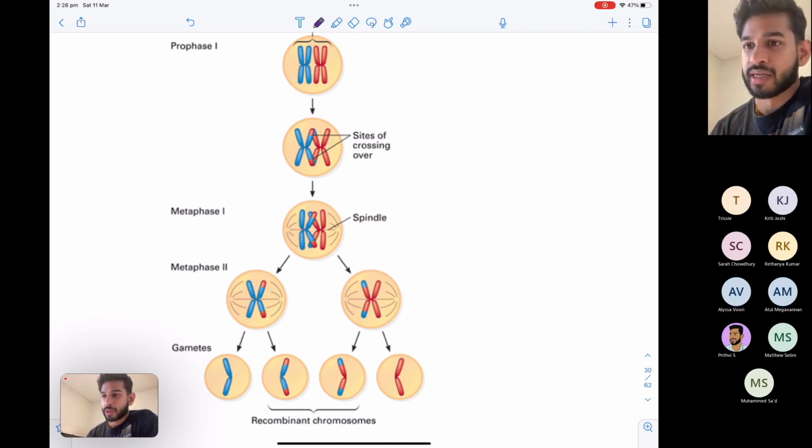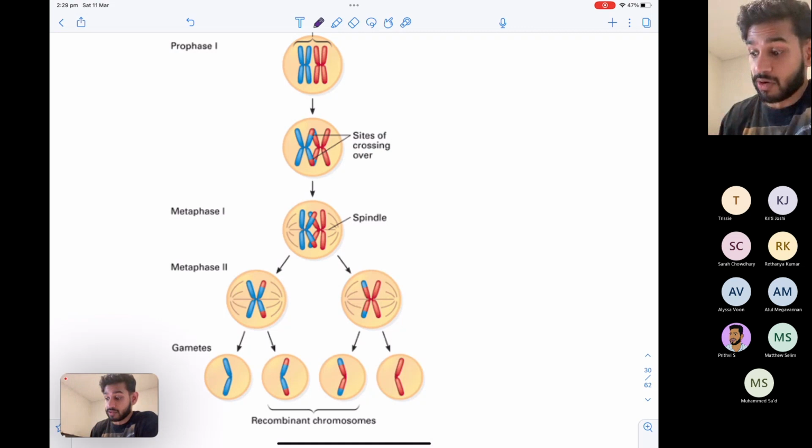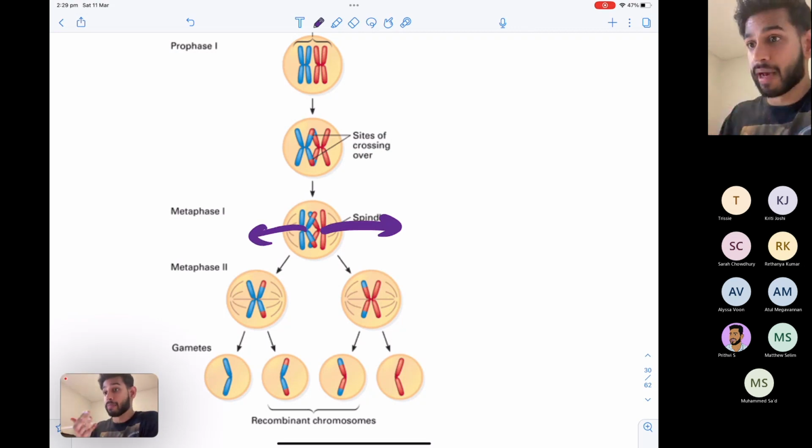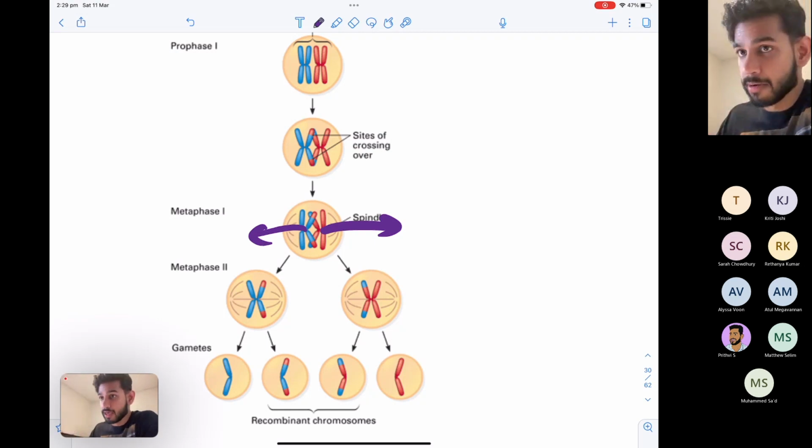So, very quick exam test. If you guys weren't able to answer that, you did not understand independent assortment and random segregation. If you were, or you were thinking that it wasn't, then you're getting the ball. Okay, very good, good. This is modeling random segregation because these two chromosomes are jumping to opposite ends. You could model it even better. So if an exam question said, how could an improvement to this model be made?